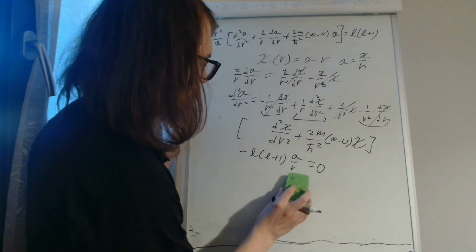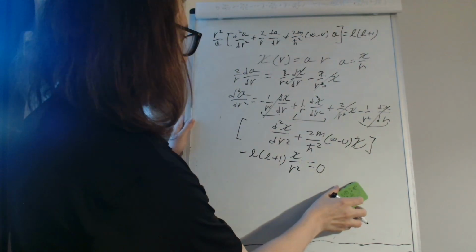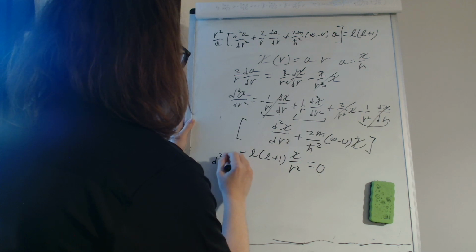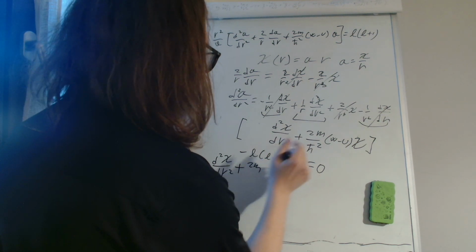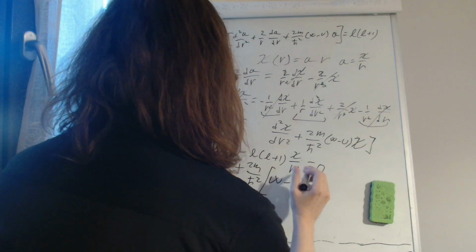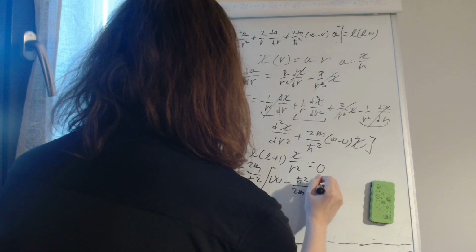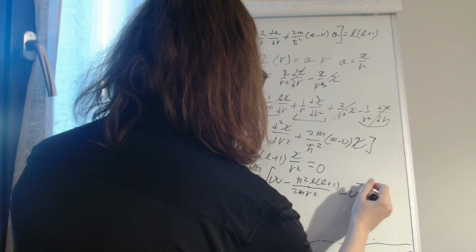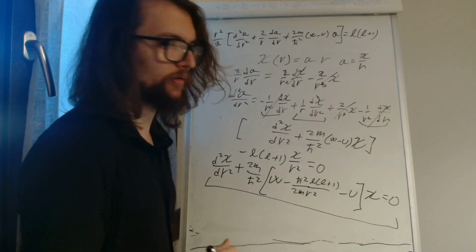I forgot to substitute this: a divided by r is chi divided by r squared, and then I take out chi, so we have d squared chi/dr squared plus, I take out also this, so I get W minus h bar squared divided by 2m r squared times L times L plus 1, minus U times chi equals 0, and this is our differential equation for chi.